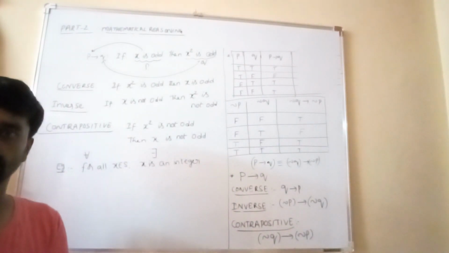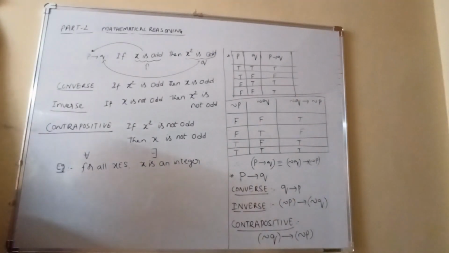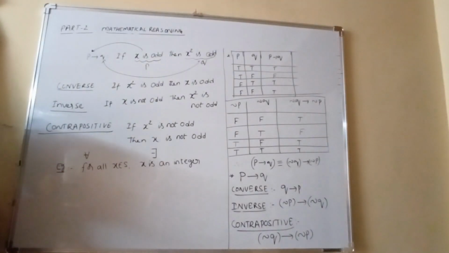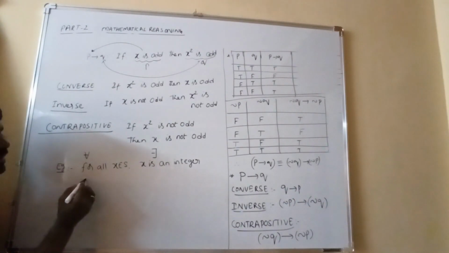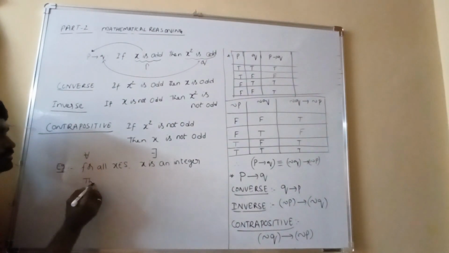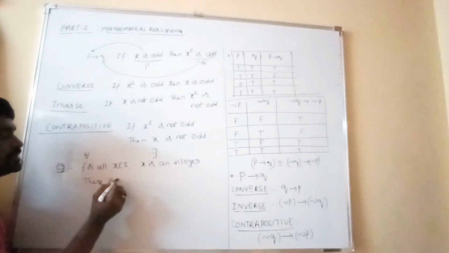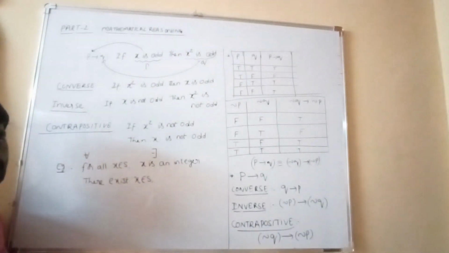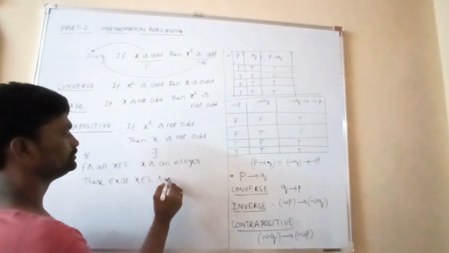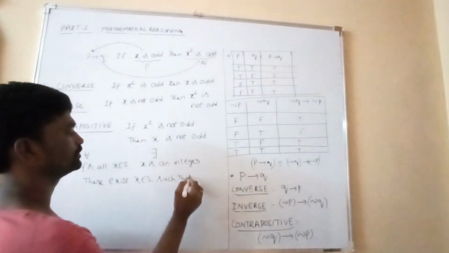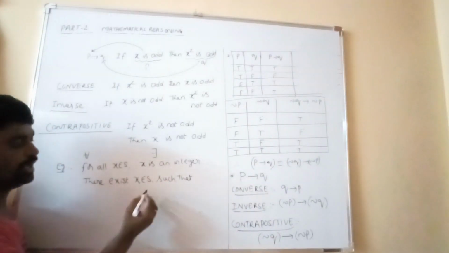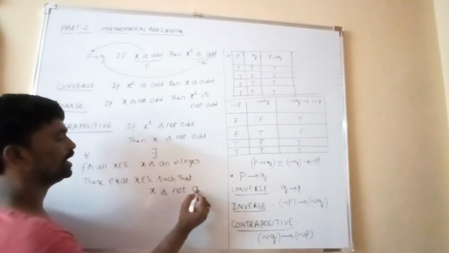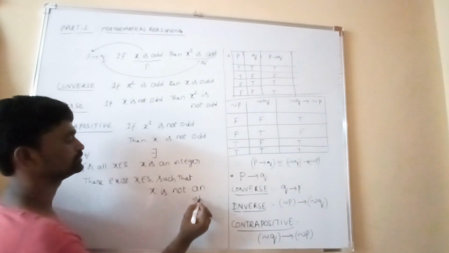Okay. So for example, for all X belongs to S, X is an integer. For this, the negation becomes what? There exists X belongs to S such that X is not an integer.